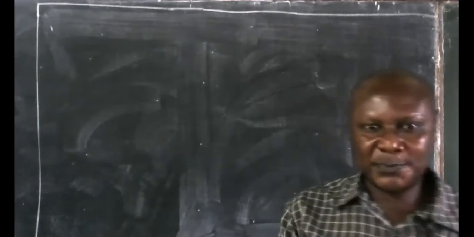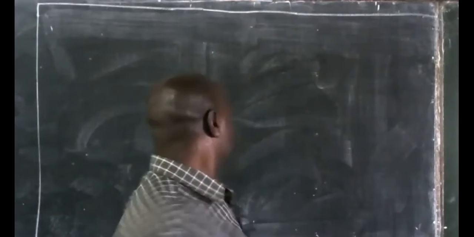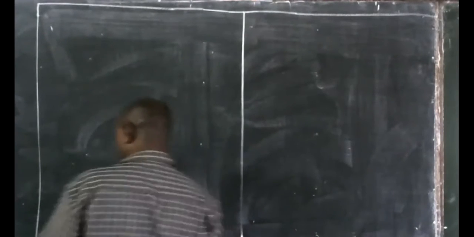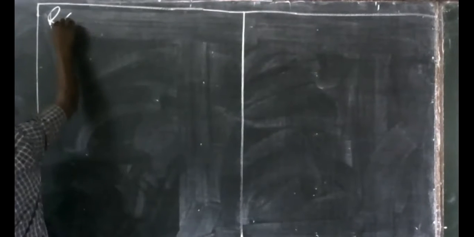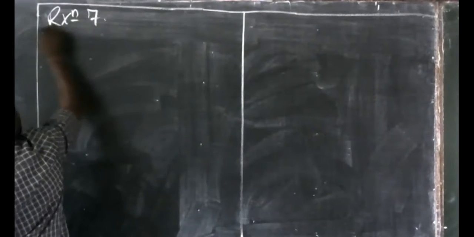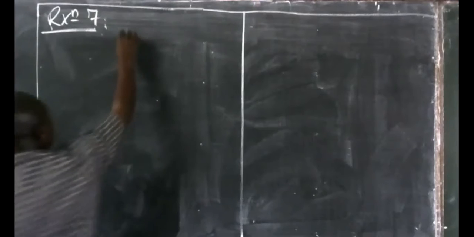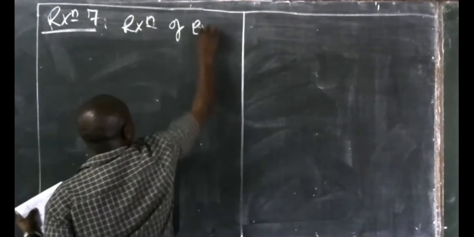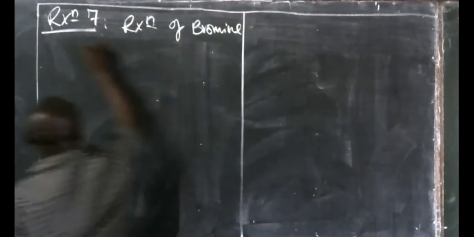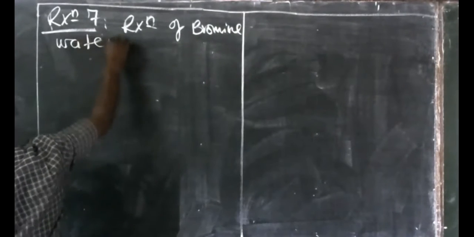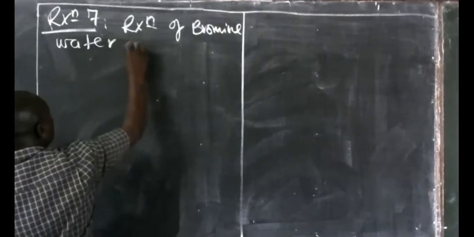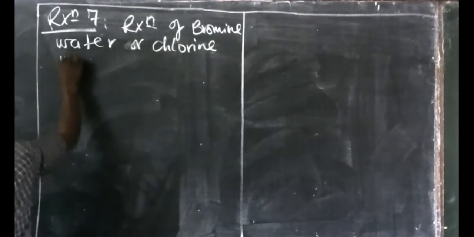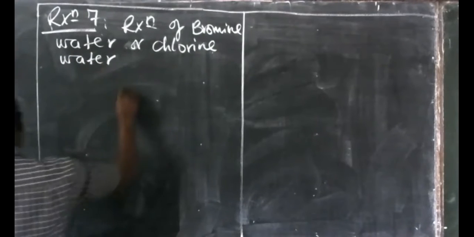So we are winding up with alkenes, and we want to look at reaction 7, which is the reaction of bromine water or chlorine water with alkenes.